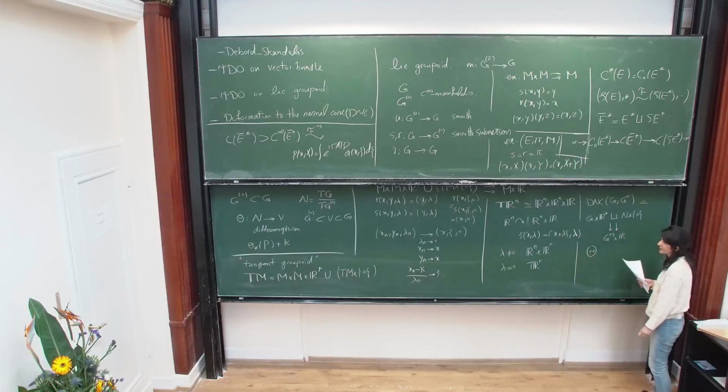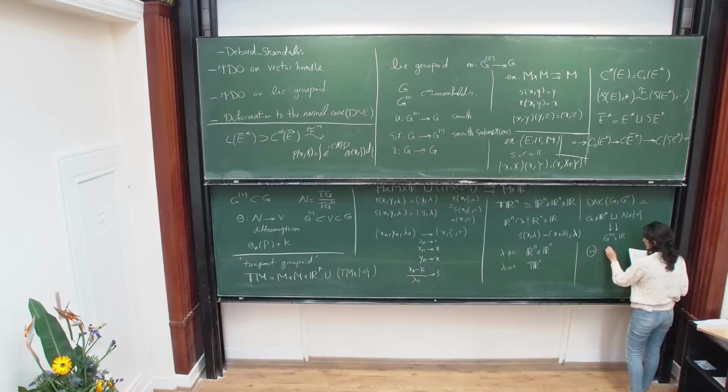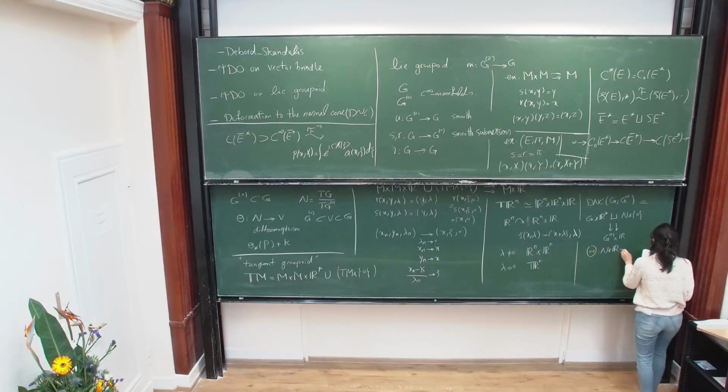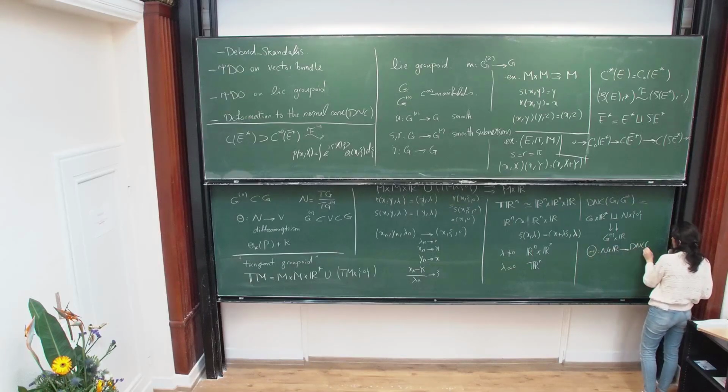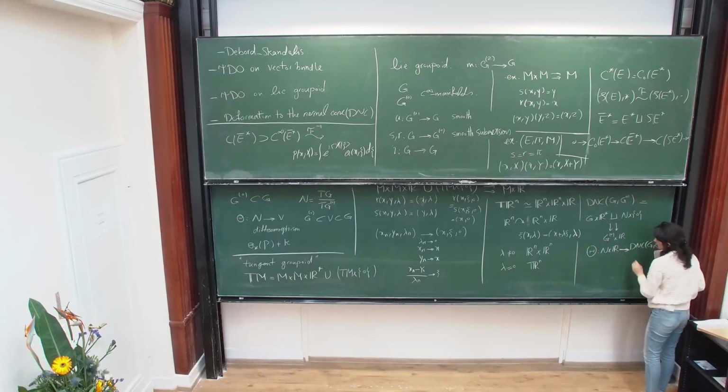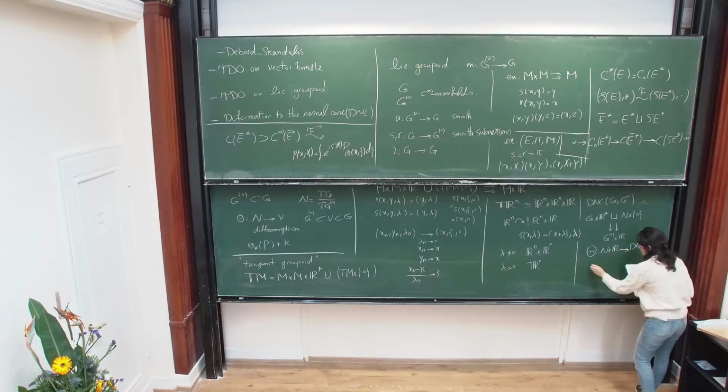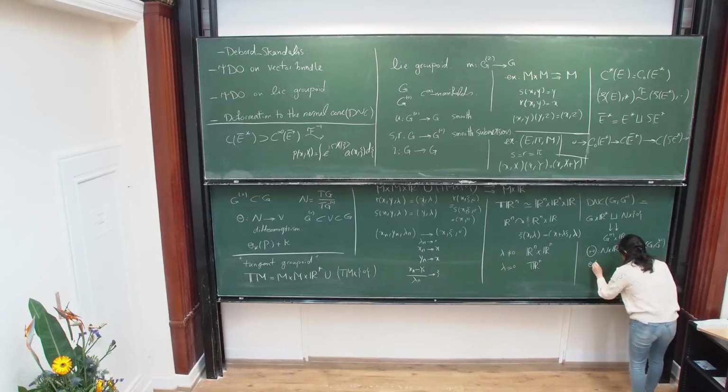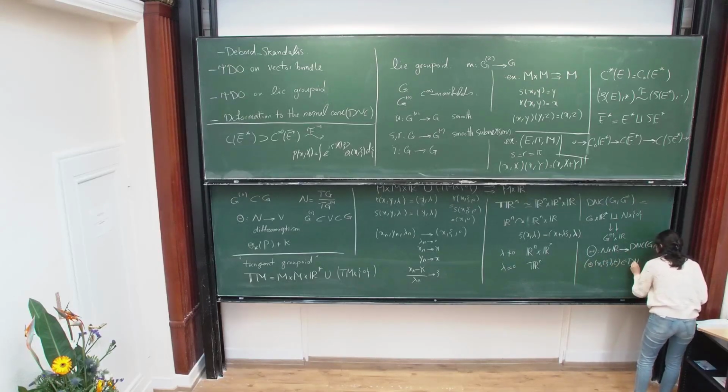I denote it by big theta. This is a map from N cross R to G and G0, defined by theta of x, xi, t, and p belonging to DNC of G, G0.